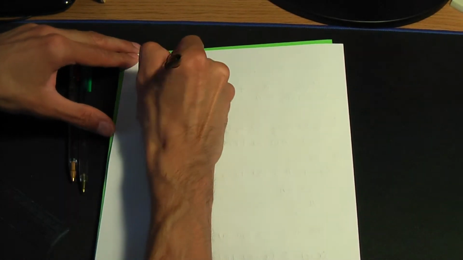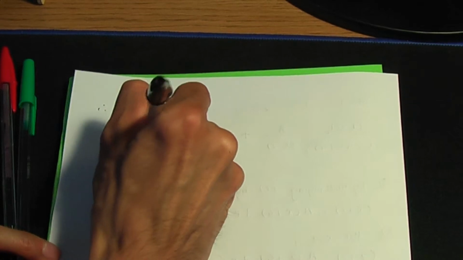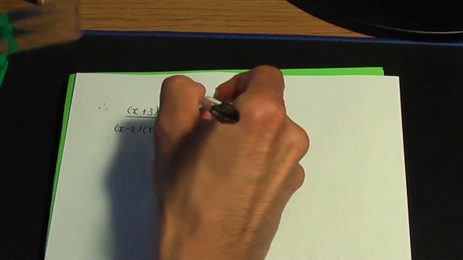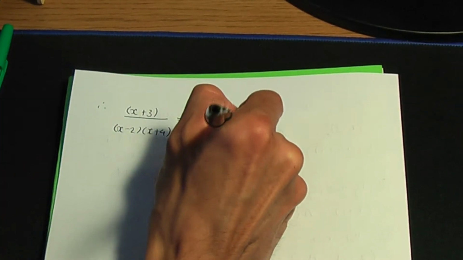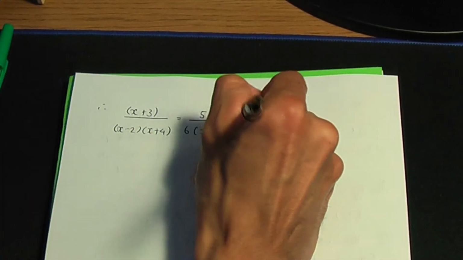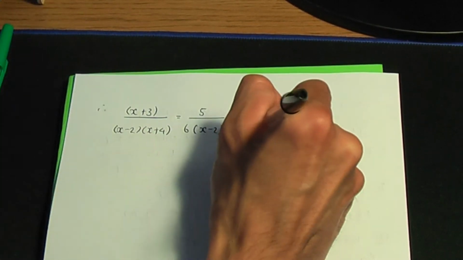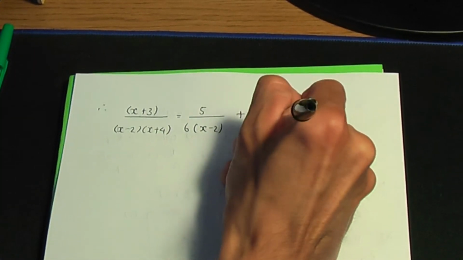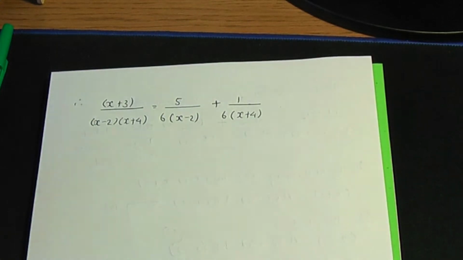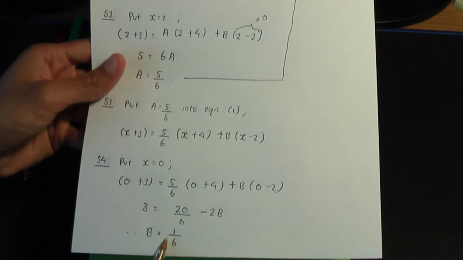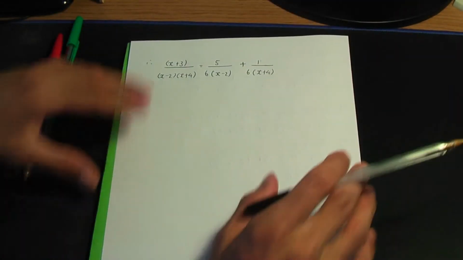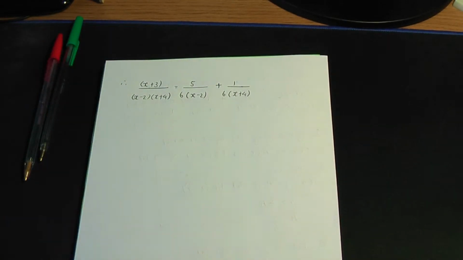So in this case, we have x plus 3 divided by x minus 2 into x plus 4, and that is the same as a, which is 5 over 6, into x minus 2, plus b, which is 1 over 6, into x plus 4. Okay, so that is how you would work out the values of a and b. Now why is this useful for integration?